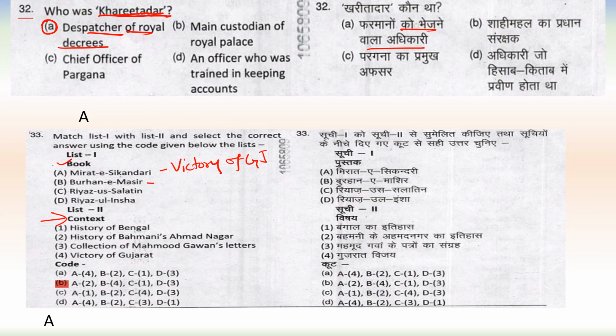Burhan-e-Masir, this is on the history of the Bahmanis of Ahmednagar. Riyaz-us-Salatin, what is this on? This is on the history of Bengal.